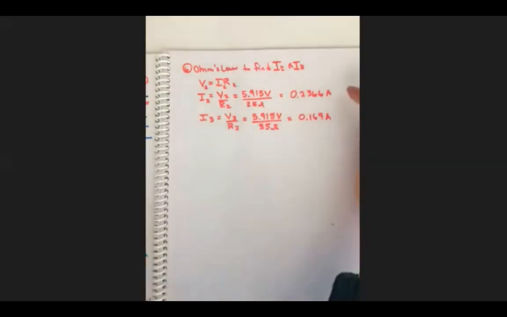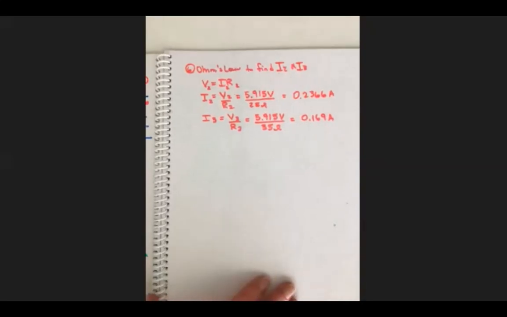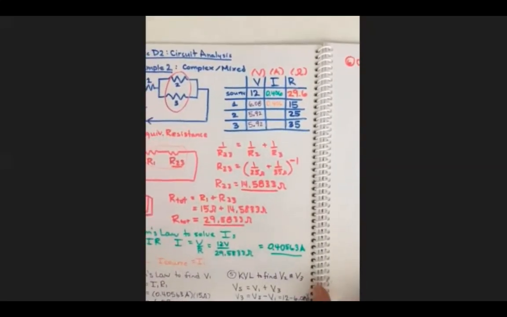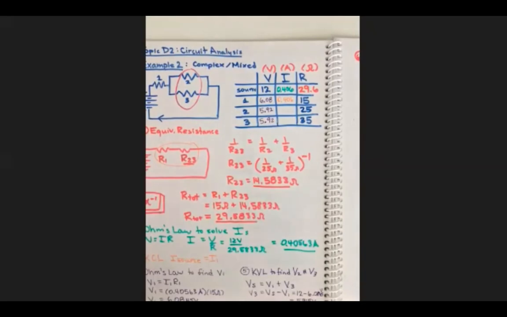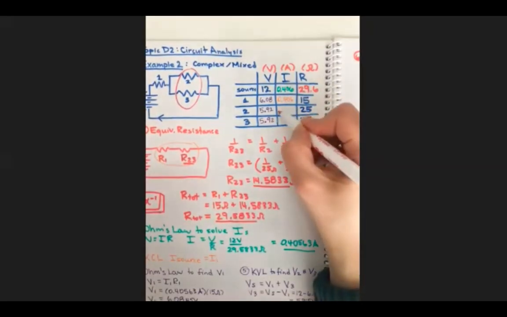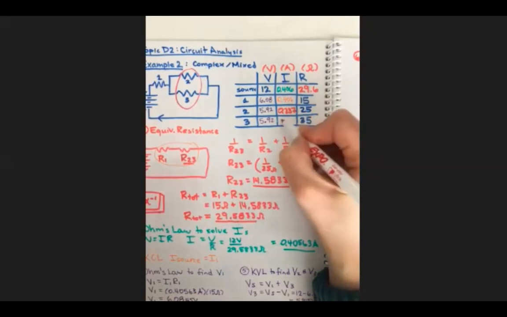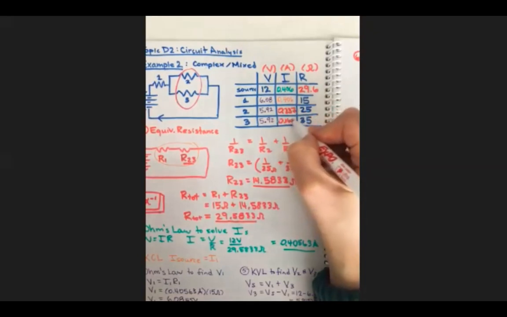We've got our calculated answers here, 0.2366 and 0.169, and we're going to round those to 3 significant figures and put those in our final table. It's very satisfying to get to fill in the very last numbers, knowing that we're done.